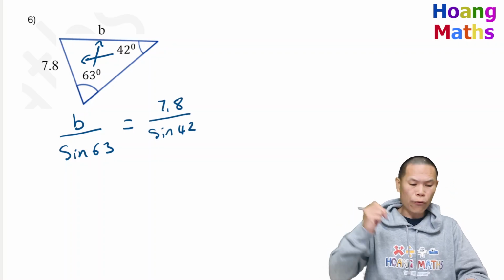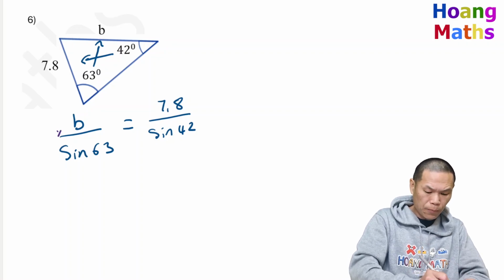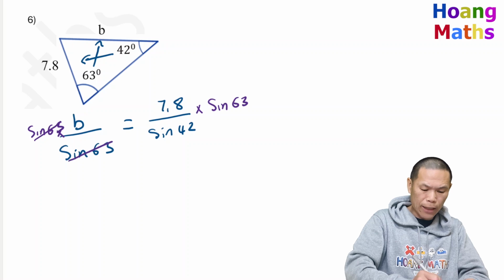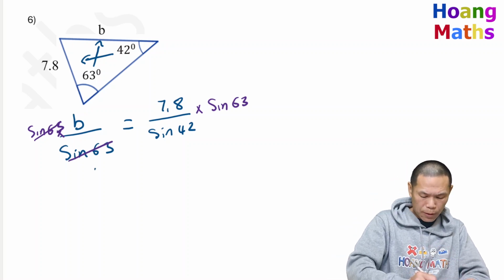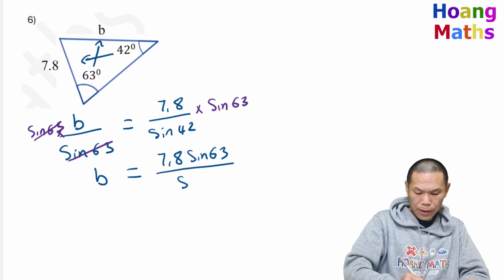So now we just solve for B. So I just times sine of 63 degrees times sine of 63 degrees. So this cancels out. So B is equal to 7.8 sine of 63 over sine of 42.